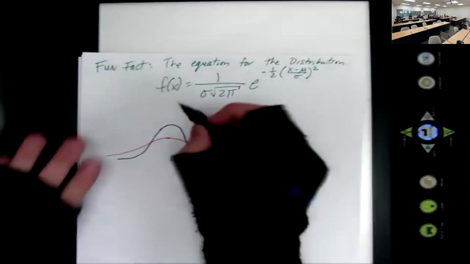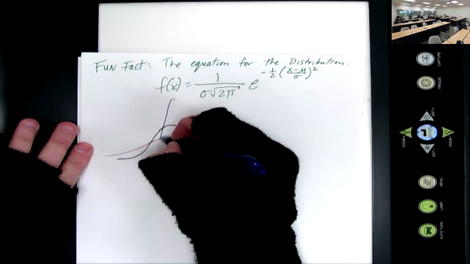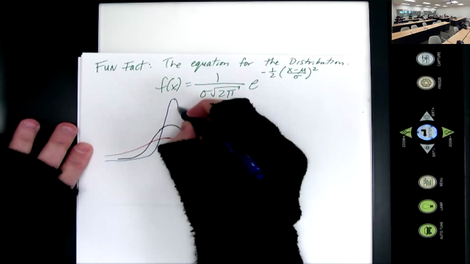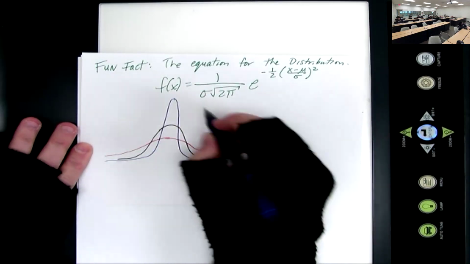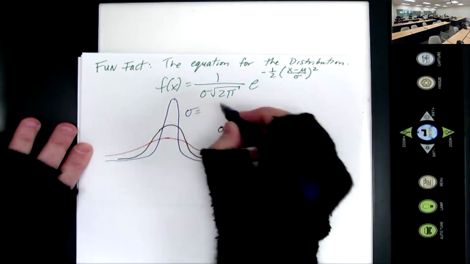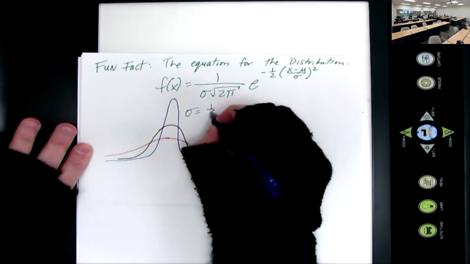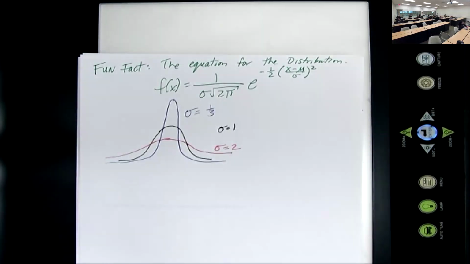Or it could spike in the middle, but get really flat towards the ends really quickly, and that one might be a standard deviation of like 1/3. You never know. They come in different shapes. They are all symmetrical, they're all bell shaped, they have all the other properties, but they're not one size fits all.